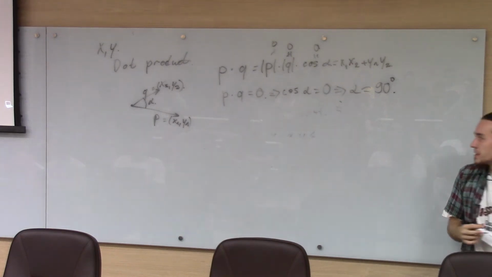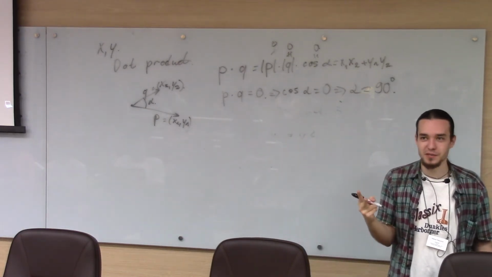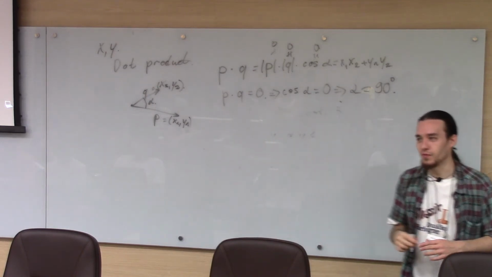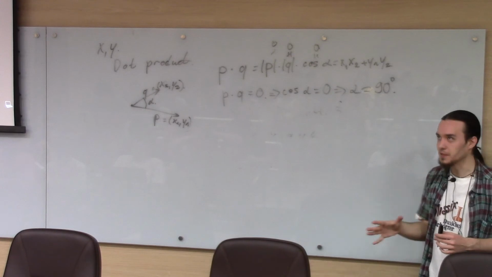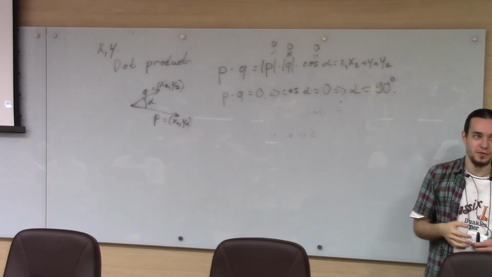So if we have this equation here, that means that the two vectors are orthogonal. If you want to check whether two vectors are orthogonal, all you have to do is compute this and compare it to 0.